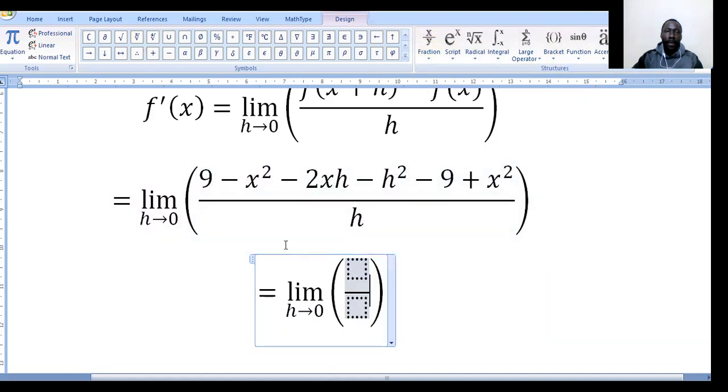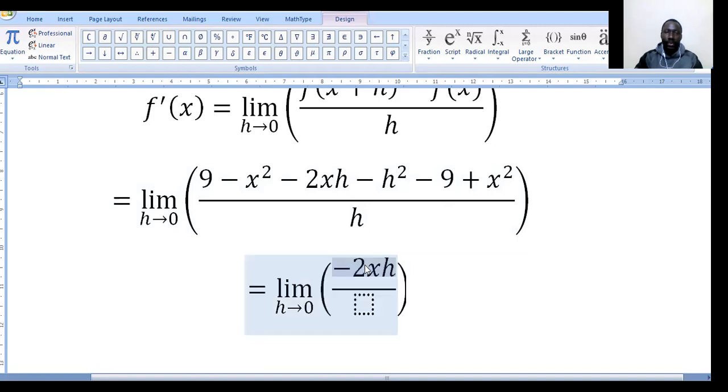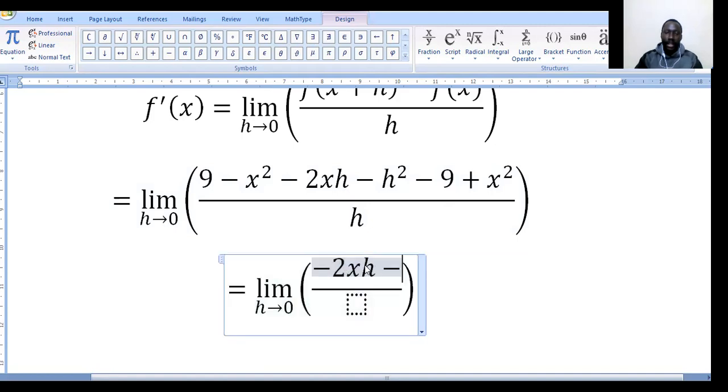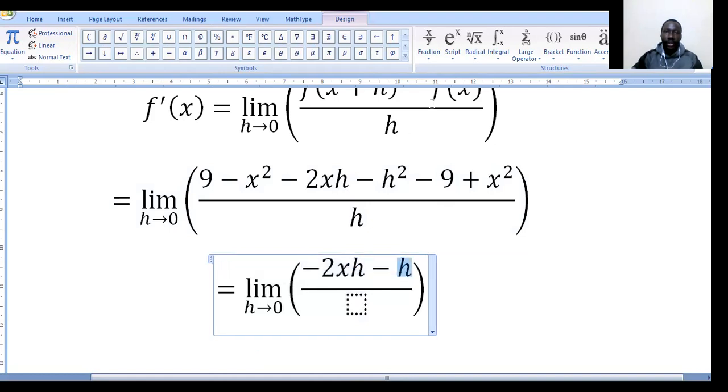Now notice that here 9 and 9 will cancel because we have a positive 9 and a negative 9. That will cancel out. Then we also have x squared, which is negative here, and this x squared, which is positive. That will also cancel. We are going to be left with minus 2xh minus h squared. That is minus 2xh minus h squared.